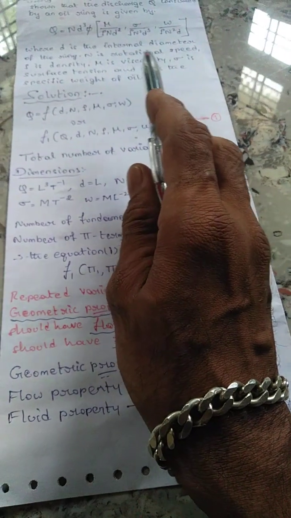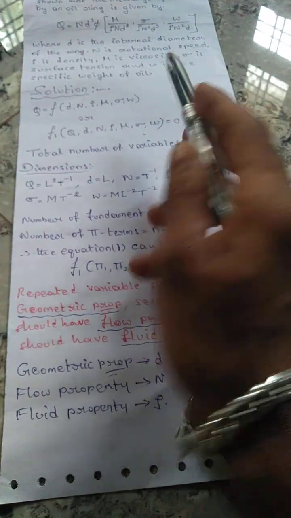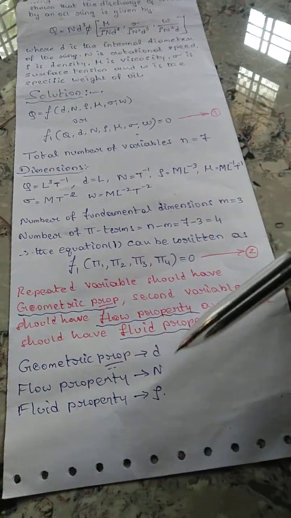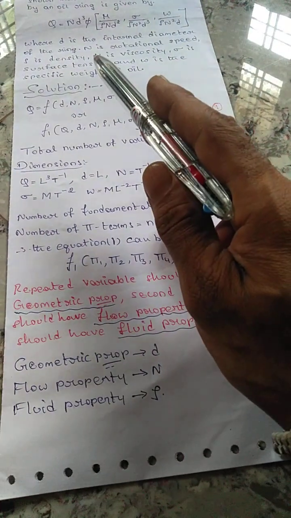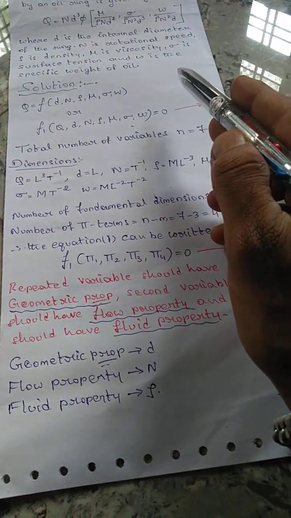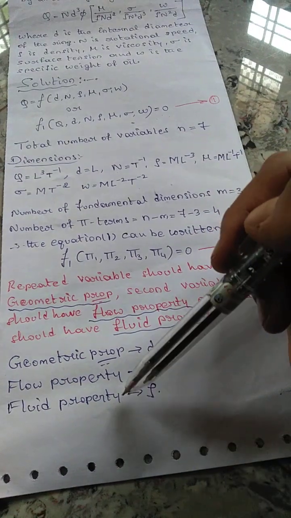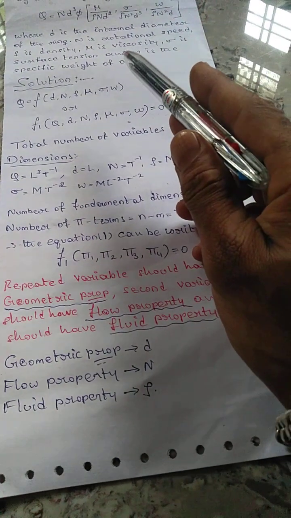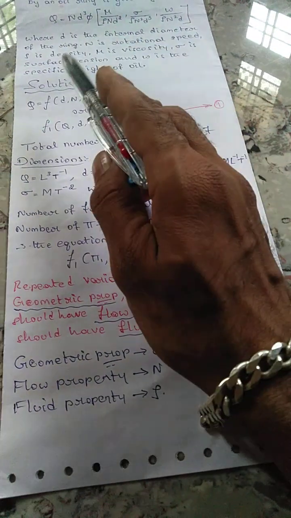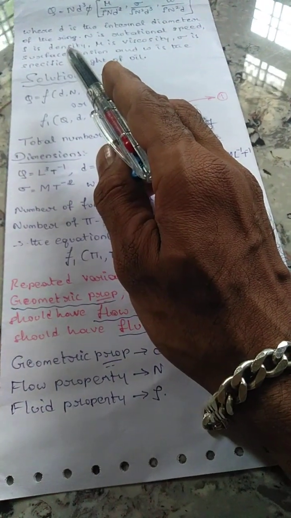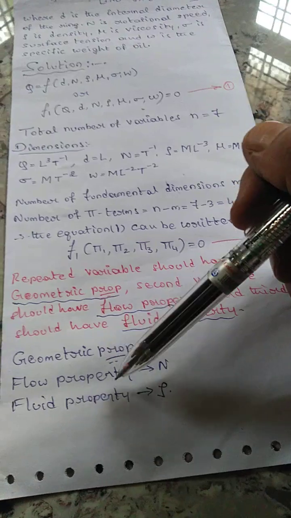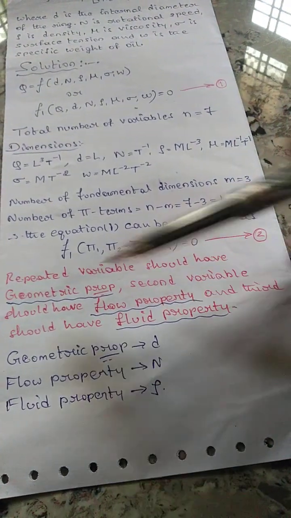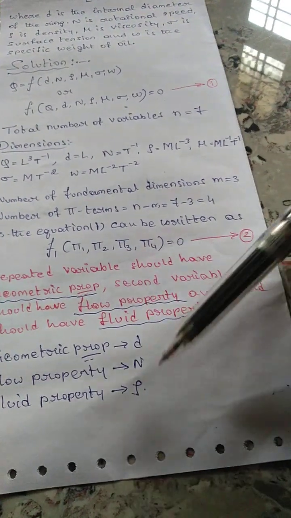D is the internal diameter, it's a geometrical property. Flow property n, that is the rotational speed, that is the flow property. And fluid property rho. You can see here the density is the fluid property. So these are the three terms that are repeated variables in this problem.